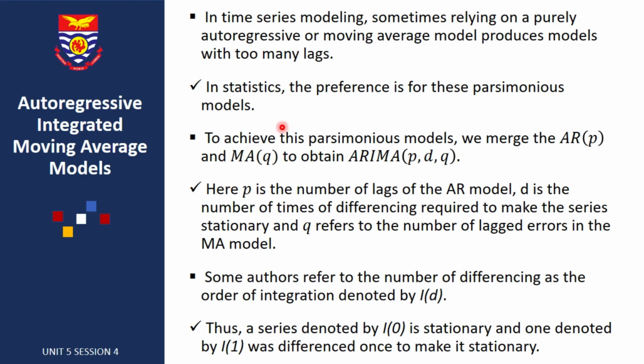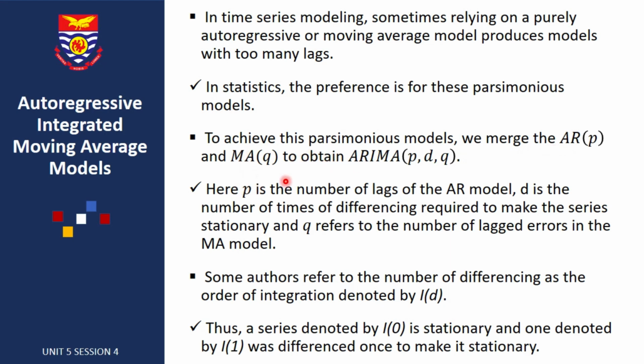In statistics, the preference is for us to achieve parsimony. That is, our model should be simple. To achieve these parsimonious models, we merge the autoregressive model and the moving average model to attain the ARIMA model.